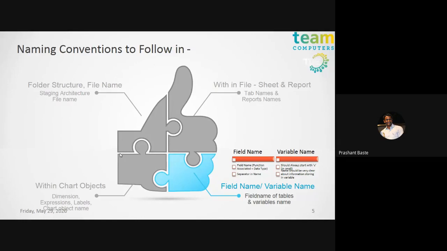Also, when you are writing a field name, let's say commission number is my primary key. Commission is one word and number is a different word. Two words are there, but to combine them, what kind of separator you are using is very important. Using a space is not at all recommended.